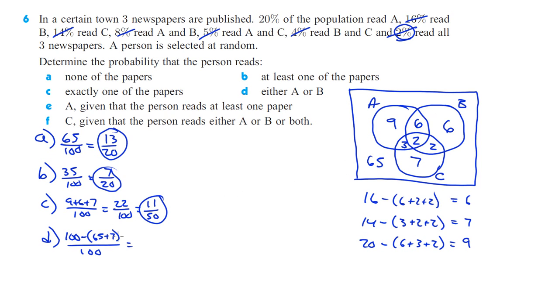So 65 and 7 is 72. 100 minus 72 is 28 out of 100. Those are both divisible by 4. So that's going to be 7 out of 25. Right?